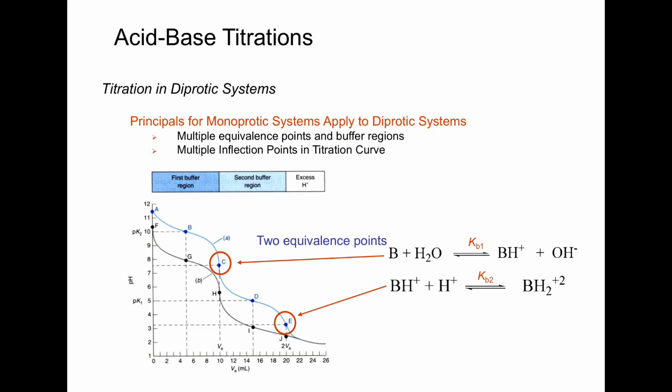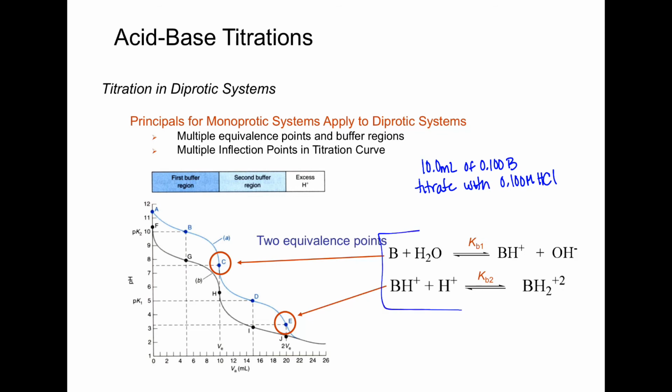So the system that we're going to be doing is a basic system, and we're going to start off with 10 milliliters of a 0.1 molar weak base, and we're going to titrate it with 0.1 molar strong acid.